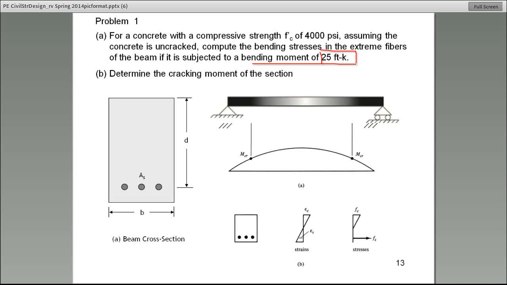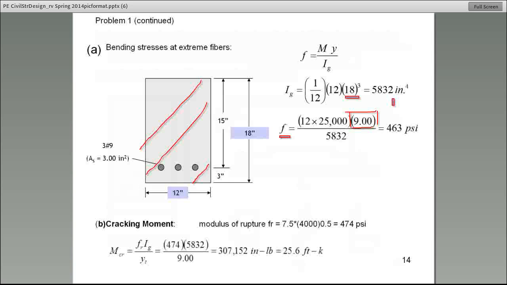When you do the equation, please pay attention. This 12 is a conversion factor. I multiplied the 25 by 12. Now it's inch-kips, and then I multiply by another 1,000. Now it's inch-pounds, because this y is in inches, 9 inches, and the moment of inertia is inches to the fourth.